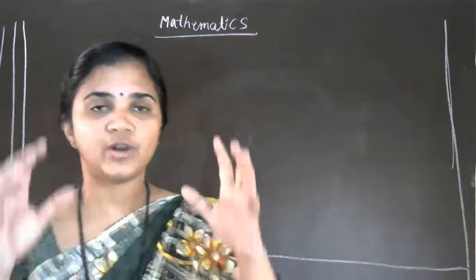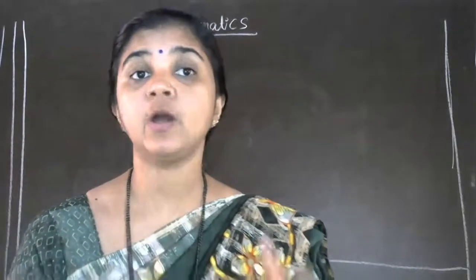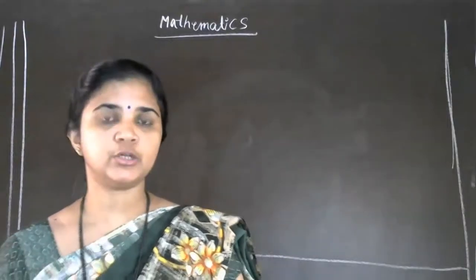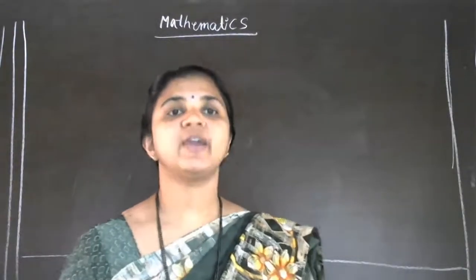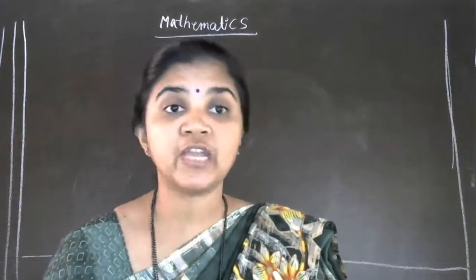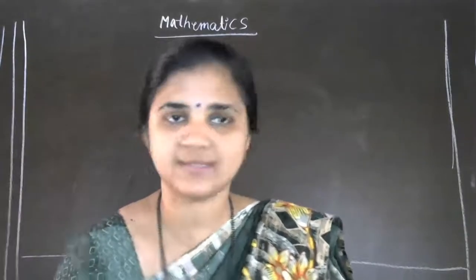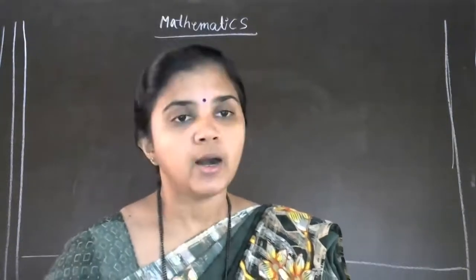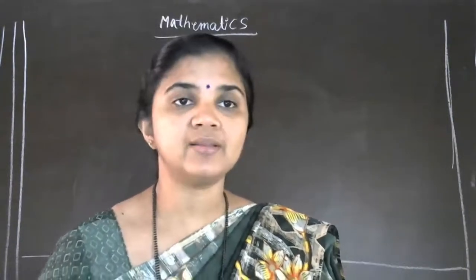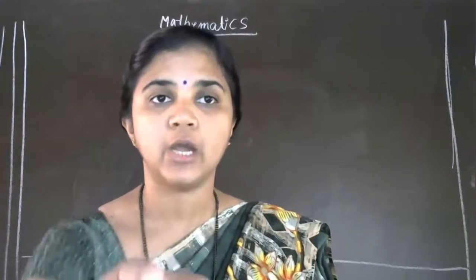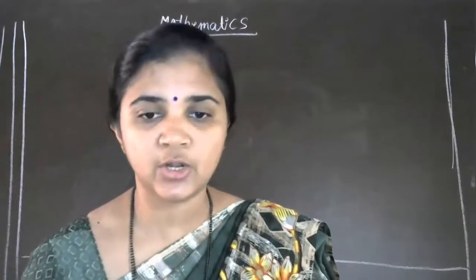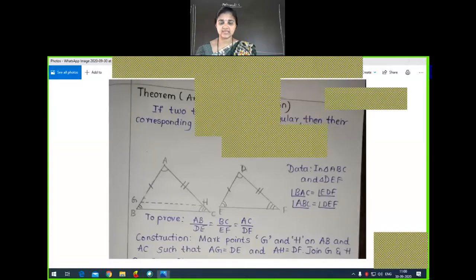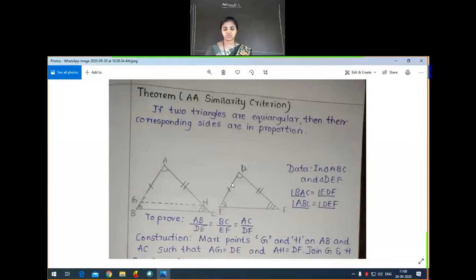But whatever theorem explanation I'm giving, I'm referring to the 2015 textbook, because in your textbook the theorem is not clear. That's why I'm using the 2015 old syllabus textbook for the theorem. But you have to write both statements: the one we see on the screen, and one more statement from your textbook on page number 39.